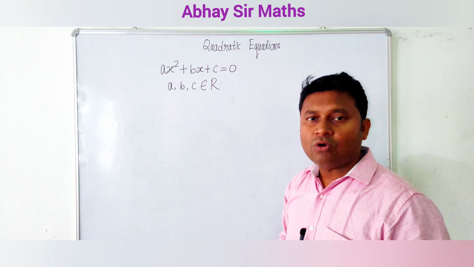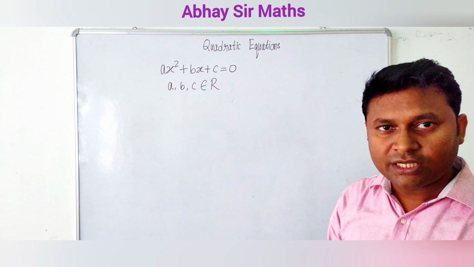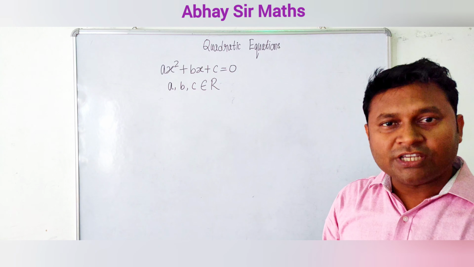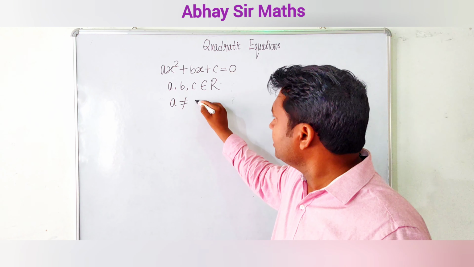A, B, C all three belong to the set of real numbers R. The next important thing is that the value of a cannot be equal to 0.